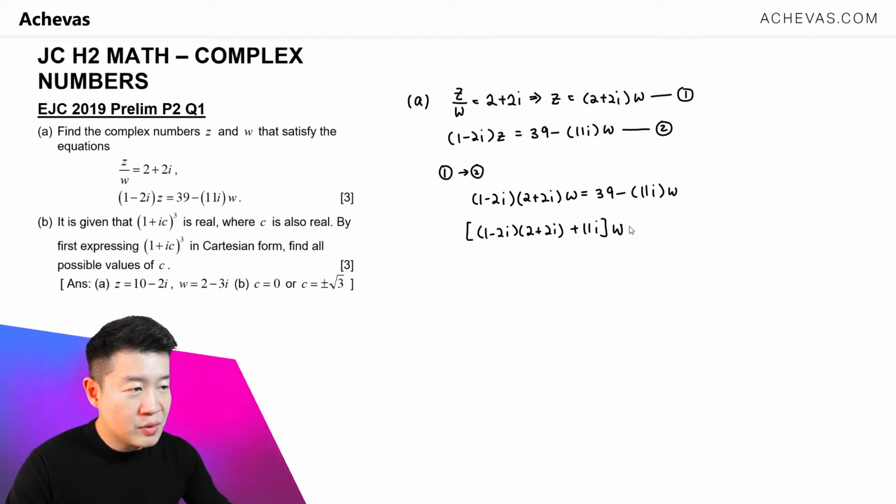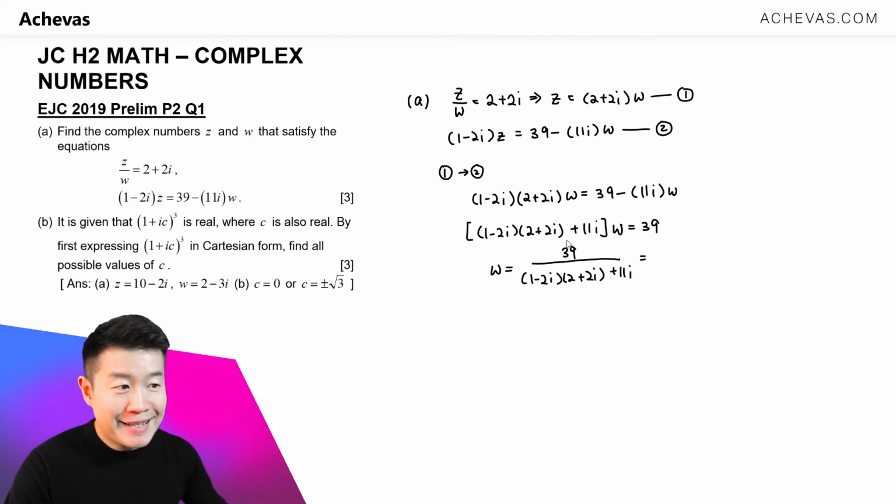Factorizing out w, I will have this equal to 39, which means that w is going to be equal to 39 over (1 minus 2i)(2 plus 2i) plus 11i. Pressing this entire term into the calculator, we will get w to be 2 minus 3i.